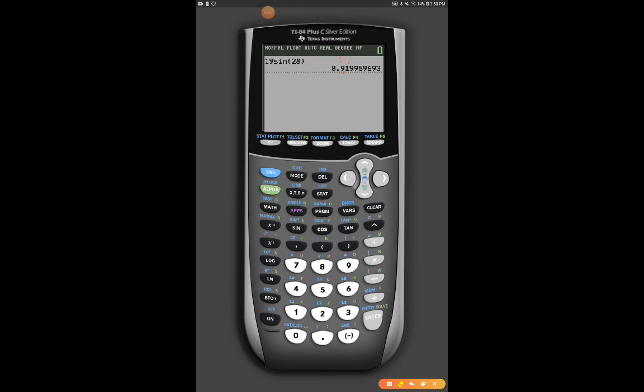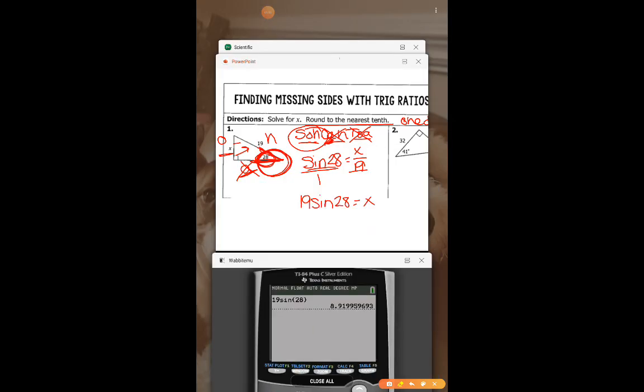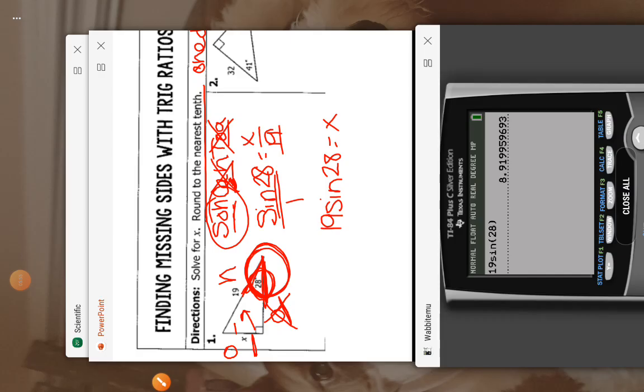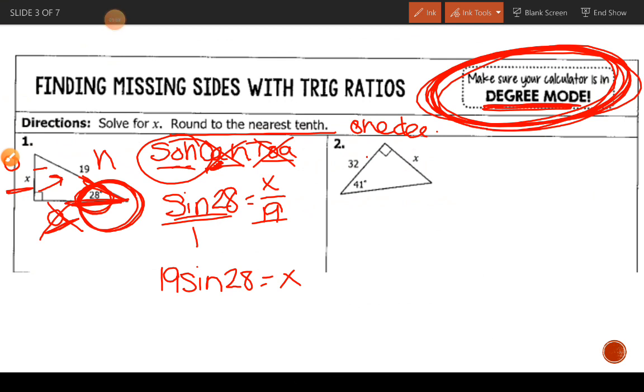So let's go back to our presentation. Our answer for this is x is equal to 8.9. So that missing side is going to be 8.9, whatever method we're using.